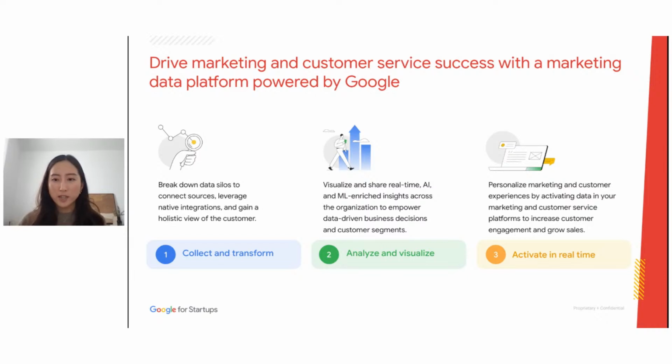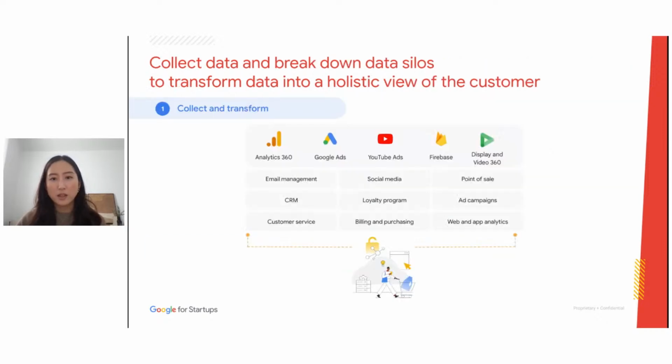So for the rest of the presentation, we're going to dive a bit deeper into this and also go over some use cases based off of this framework. So first was step number one, which is collecting and transforming data, breaking down different data silos, and making sure that you can get a real holistic view of the customer.